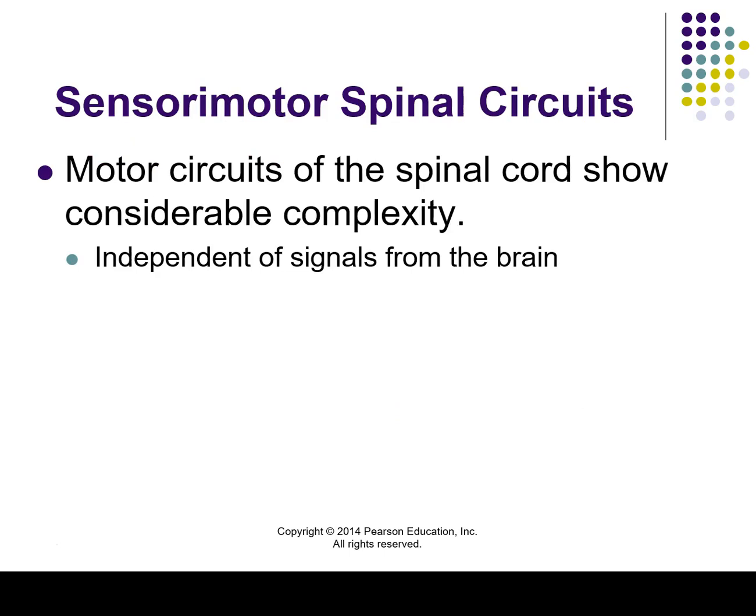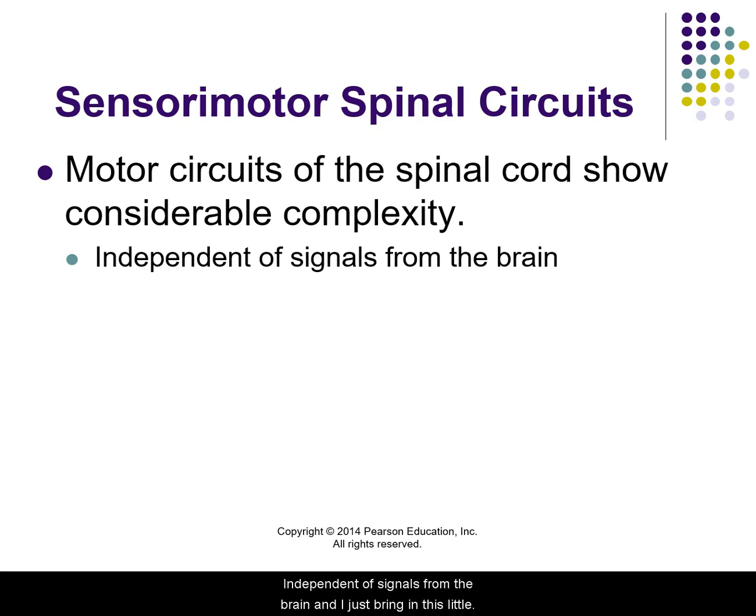Now that we're down at the spinal cord level, we're going to be leaving the spinal cord and innervating muscles. Motor circuits of the spinal cord show considerable complexity, independent of signals from the brain.